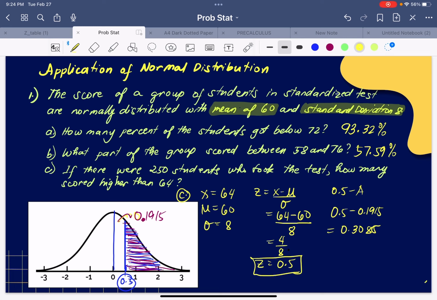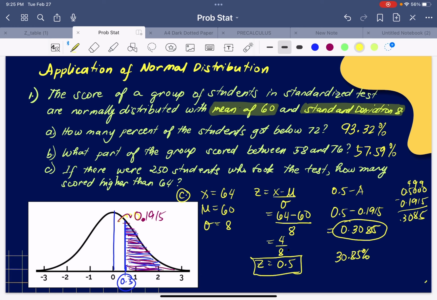So kung mag-scratch tayo, 0.5 minus 0.1915. So let's add 0 here. So this is 5, 8, 0, 3. So it's correct, 0.3085. So that is the area under the normal curve or 30.85%.